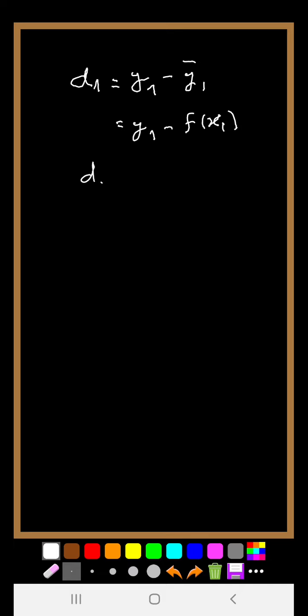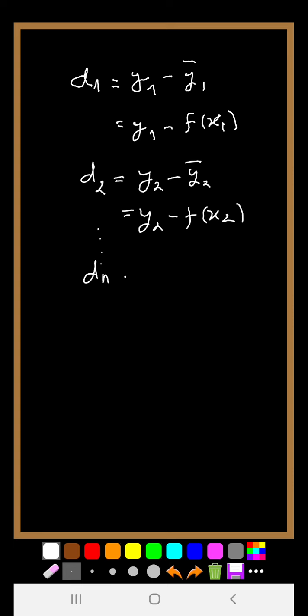Similarly, we can have an error associated with the second tabulated value, y2 minus y2 bar, so this is y2 minus f(x2), and so on. The dn value will be equal to yn minus yn bar, that is yn minus f(xn).